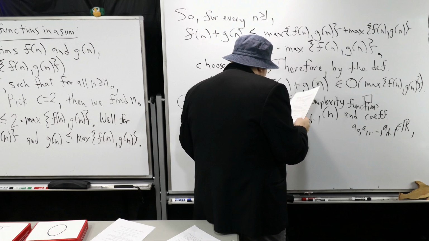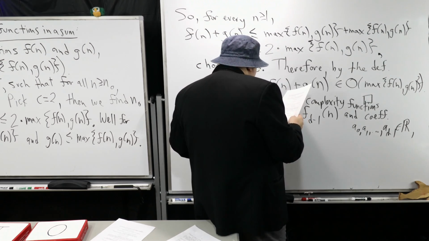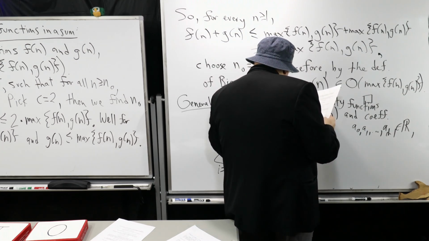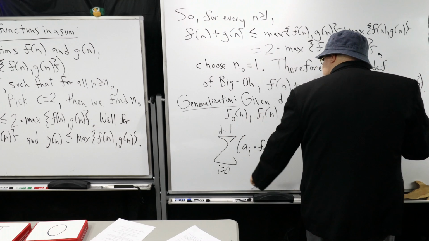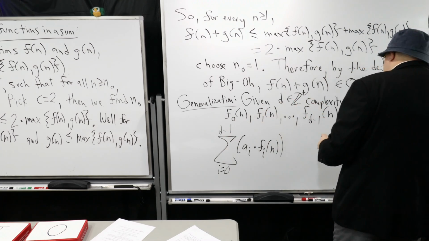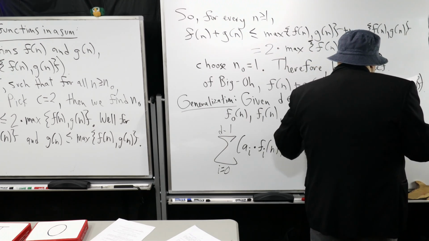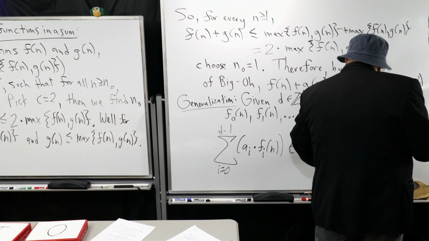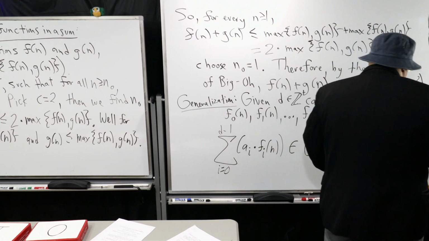So if I have the sum from i equal to 0 to d minus 1 of ai times fi of n, so if I sum over all of these coefficients multiplied by each complexity function, it has to be that this is big O of the max, where you consider the max over all the complexity functions.